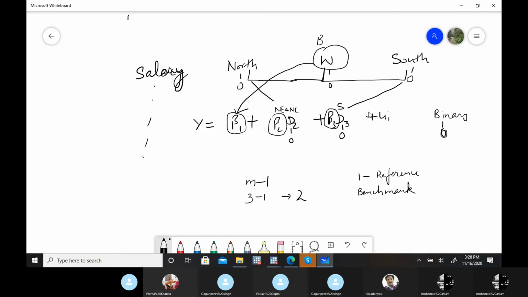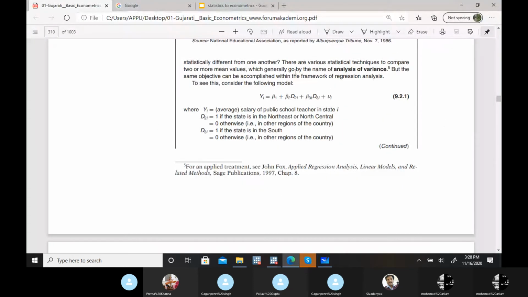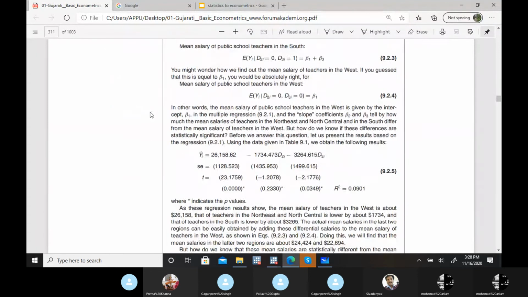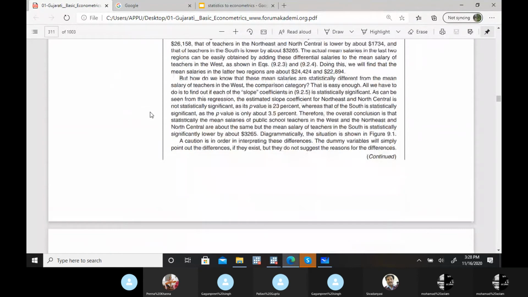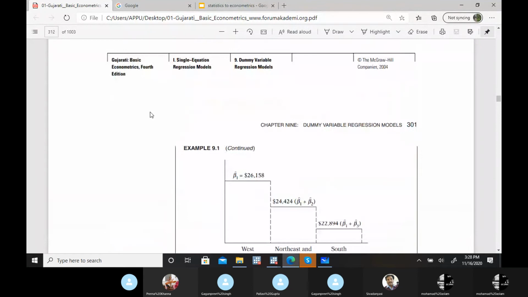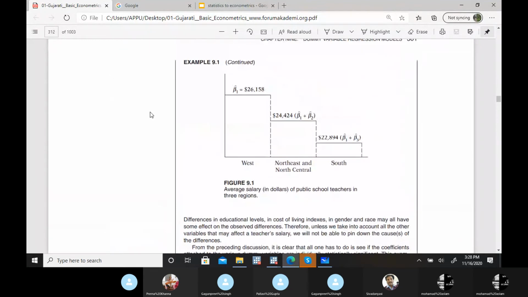Now here, although in regression we have two different dummy variables, this categorical variable is one, that is geographical region. So if you want to see the picture form, this is the change in the intercept only.